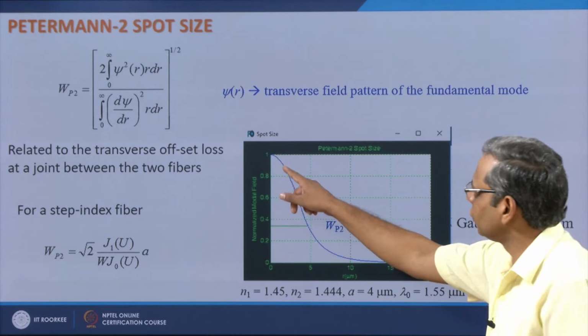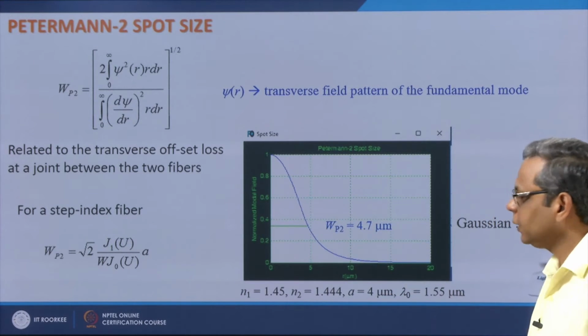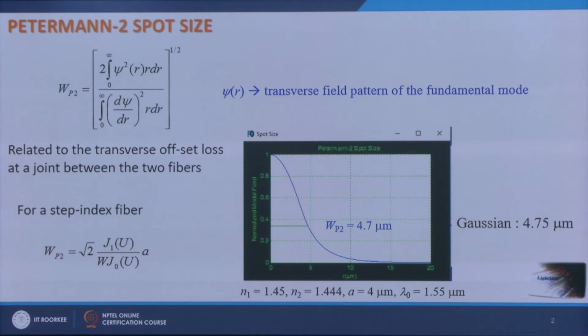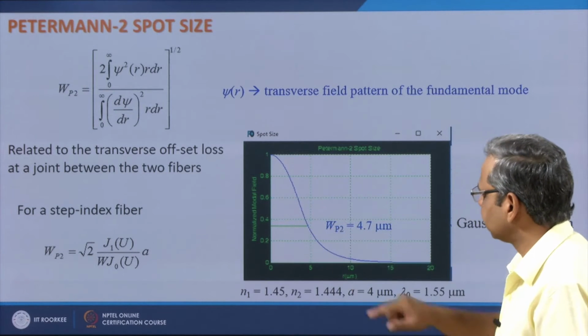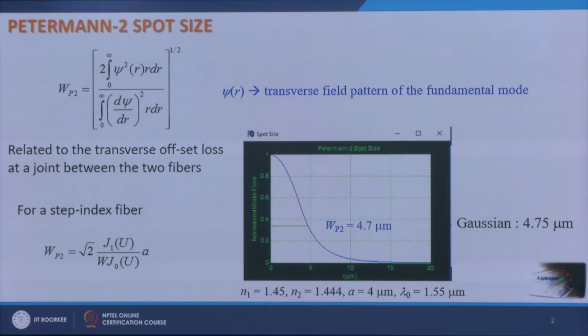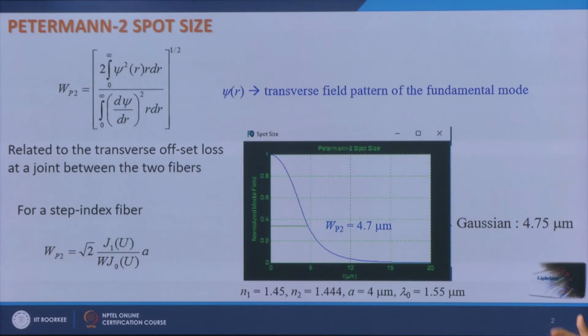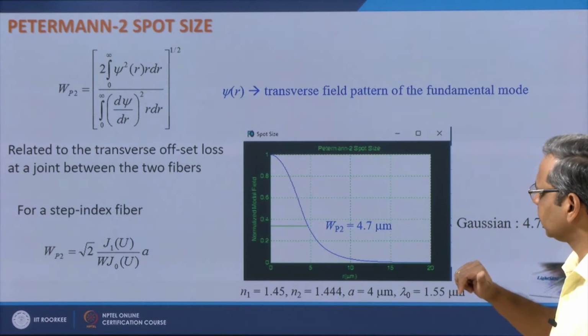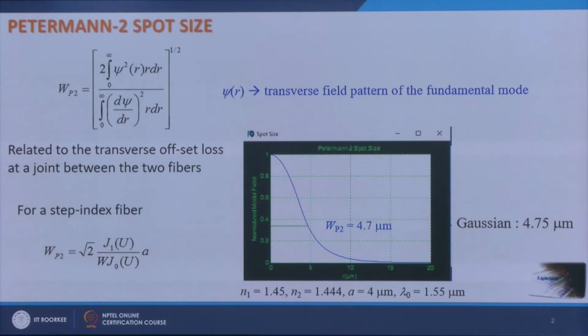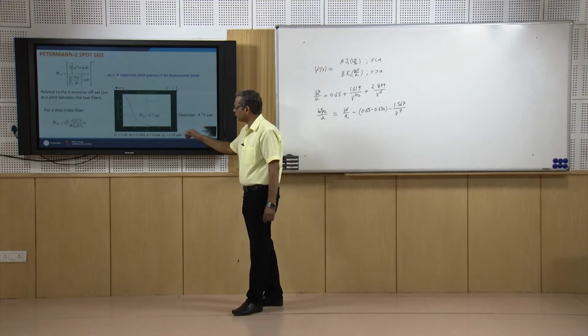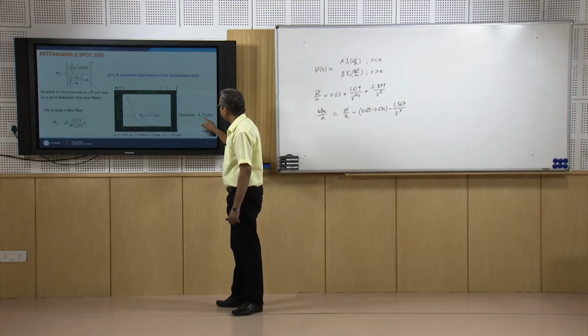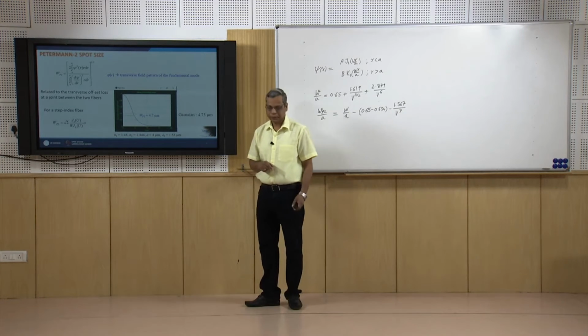This blue line shows the exact modal field of the fundamental mode of the fiber, and this green line marks the Petermann 2 spot size of the mode calculated by this modal field psi(r). This is Wp2 for these fiber parameters, and the value is 4.7 micrometer, and if I calculate the Gaussian spot size for these parameters, it comes out to be 4.75 micrometer.